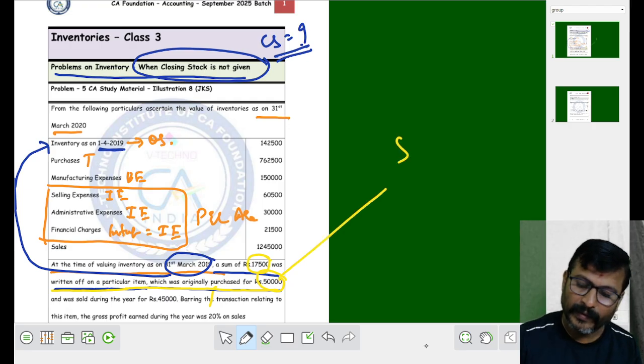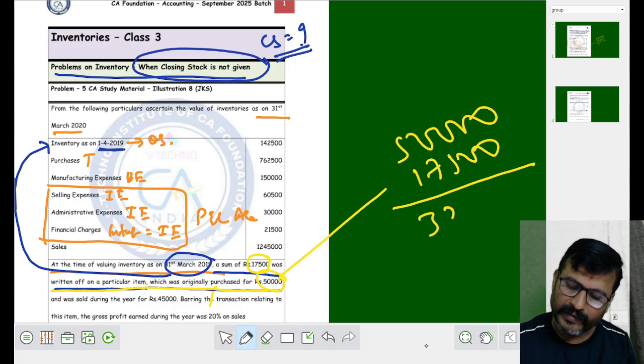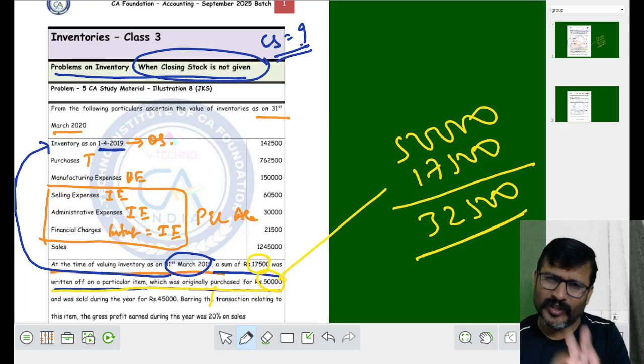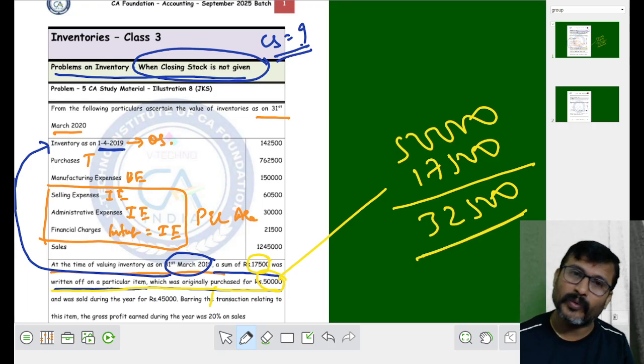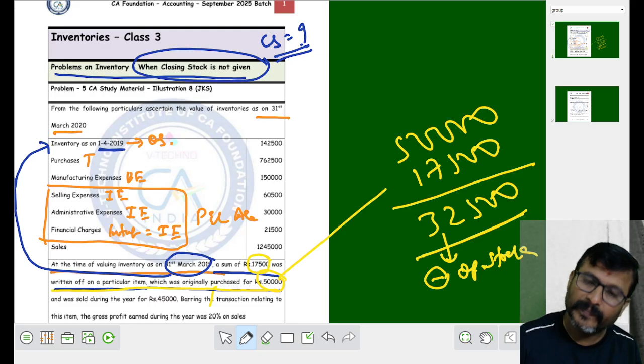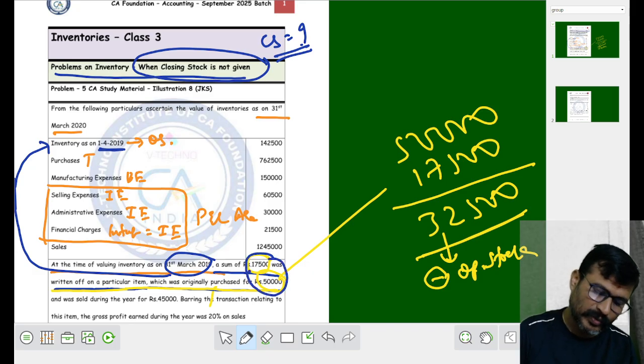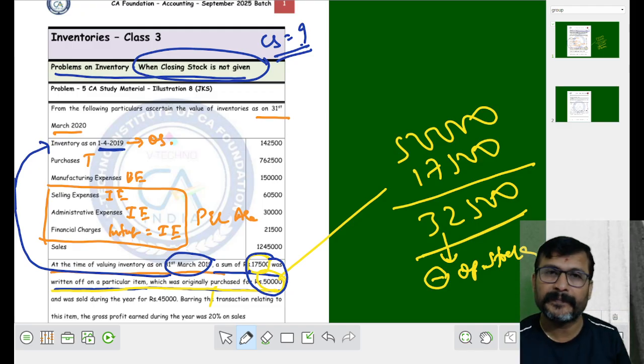So what happened now? Out of 50,000, 17,500 you have subtracted. What is left? 32,500. This is not yet subtracted. Now what to do? You have to subtract this out of your opening stock. We have to subtract the difference between these two out of your opening stock.